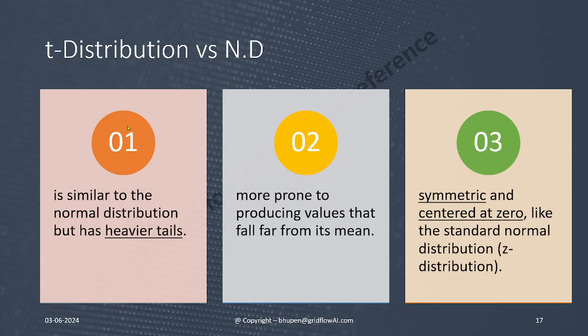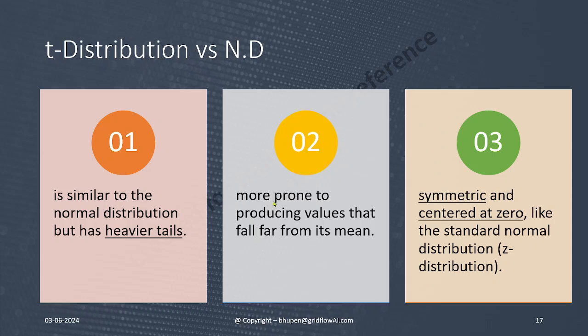So essentially, the t-distribution is similar to the normal distribution, but it has slightly heavier tails compared to the standard normal distribution. But if the degrees of freedom is increased with the number of samples that you have in the data columns, then the t-distribution will be very similar to the Gaussian standard normal distribution, which has a mean of 0 and standard deviation of 1.